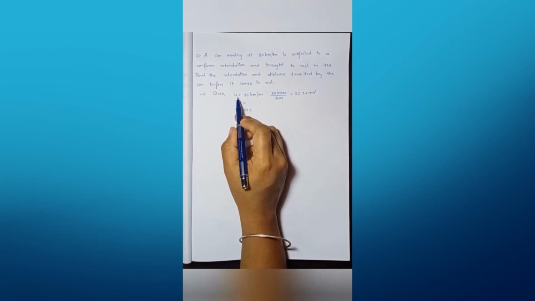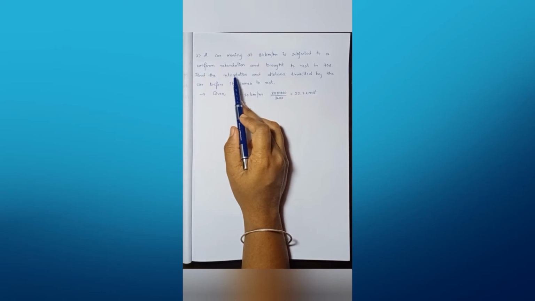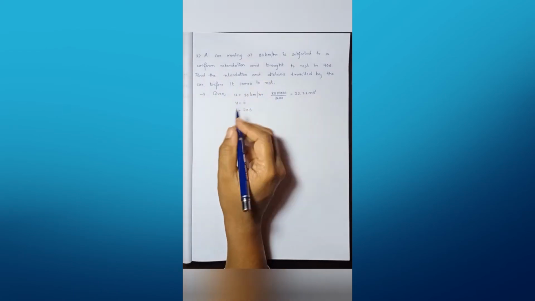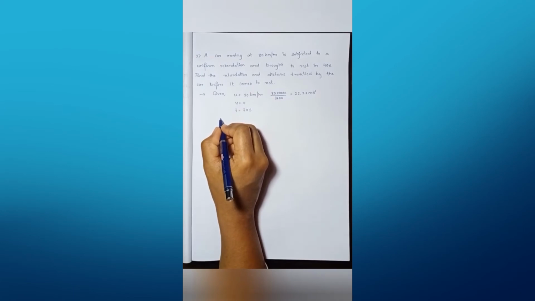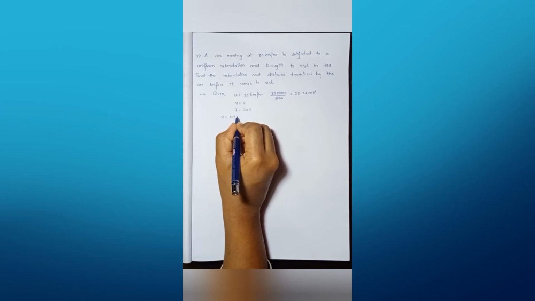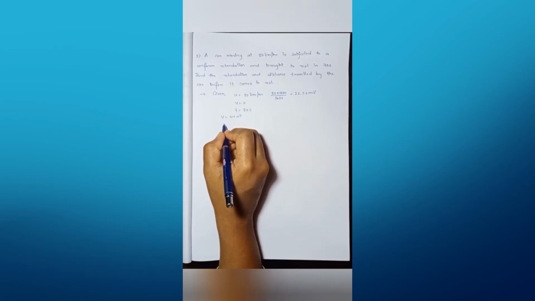Okay, we know u, we know t, so we have to calculate the retardation, that is acceleration. So we use the formula v is equal to u plus at. What is v?